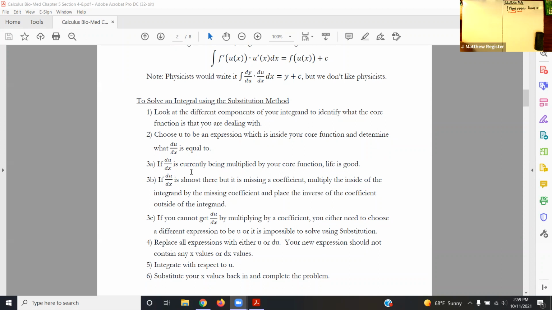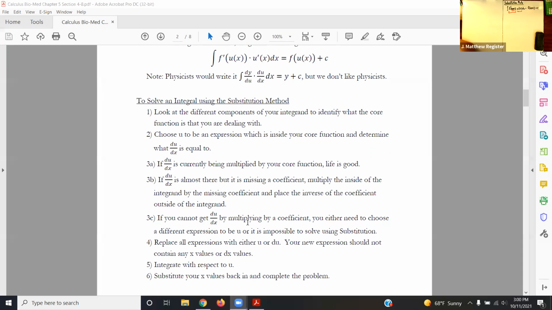If du/dx is currently being multiplied by your core function, life is good. You'll be able to do the substitution immediately. If du/dx is almost in there, but it's missing a coefficient, you would multiply the inside by the missing coefficient and place the inverse outside of the integrand. I'll show you how to do that because that's a lot of words.